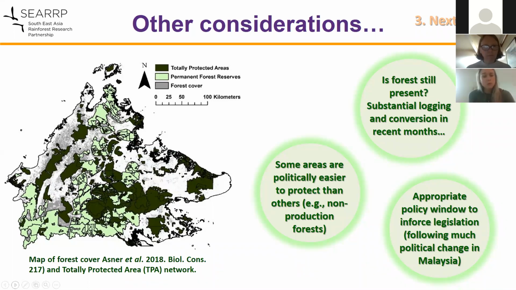For example, a couple of these areas in light green are logging concessions where timber extraction is going on, and they're bringing in quite a lot of income to the Sabah Forestry Department. So these are going to be less likely to be conserved as a Class 1 reserve compared to some other areas.